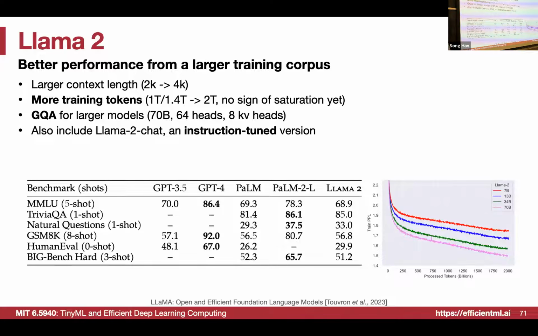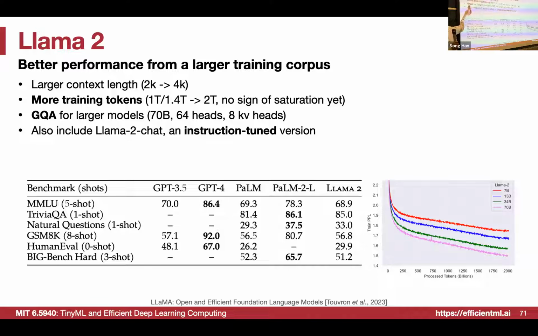And Llama 2 is even better. It's trained on an even larger amount of tokens, from 1 trillion to 2 trillion tokens, and no sign of saturation yet. You can train longer, and the performance for the 7B, 13B, 34B, and 70B probably would even increase.